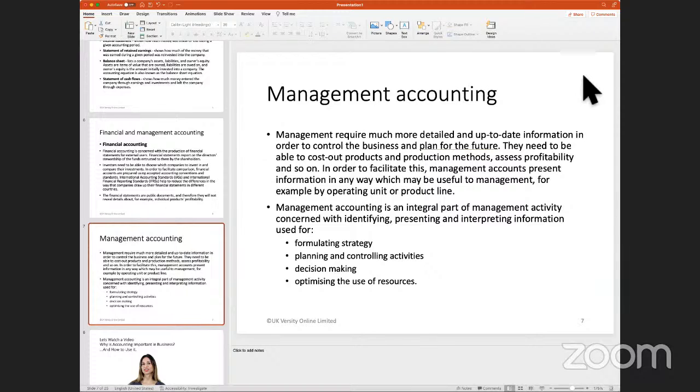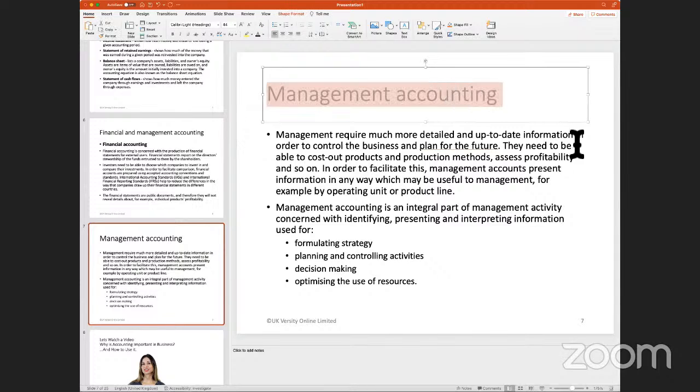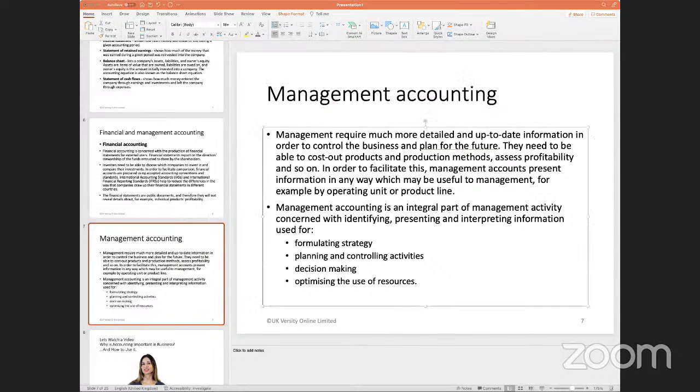And that is where you would be looking at producing what are called management reports. So when we talk about management accounting and the purposes of producing these reports, we are looking at primarily understanding, analyzing, interpreting, and ensuring that the information required for decision making is accurate and is based on the finances of the company.